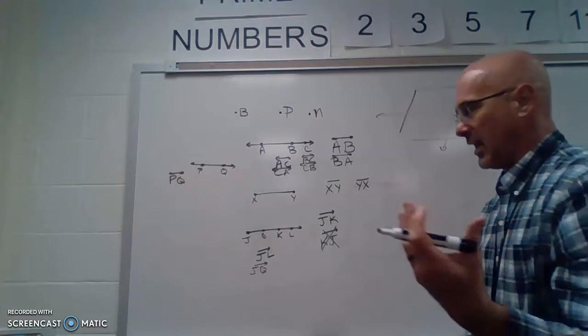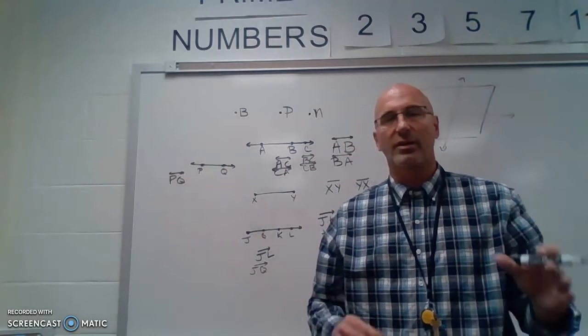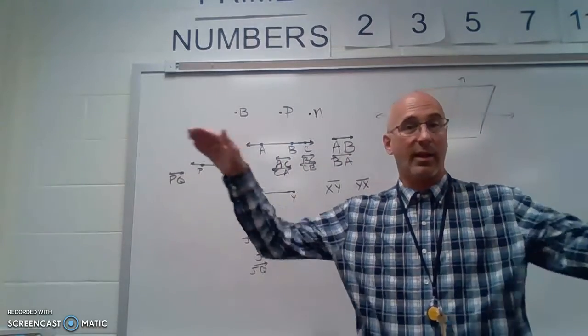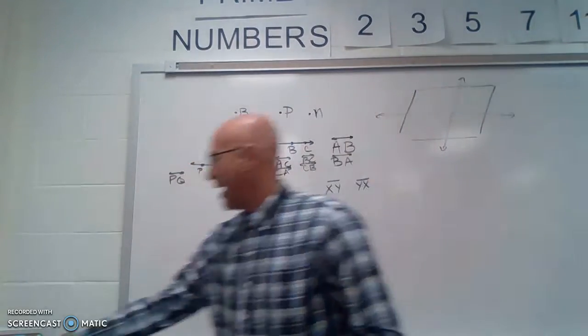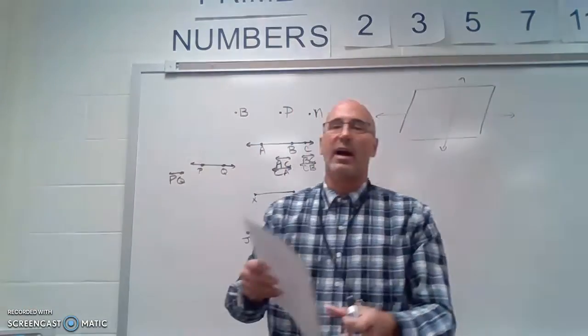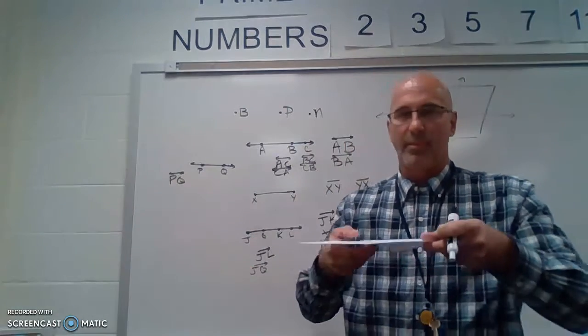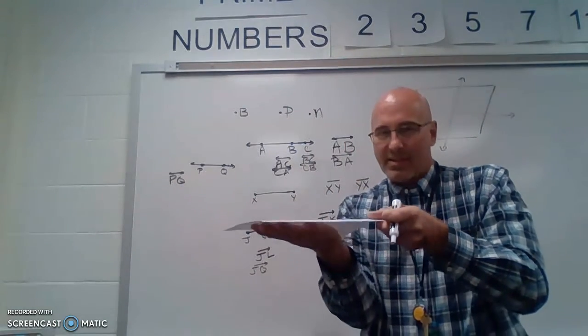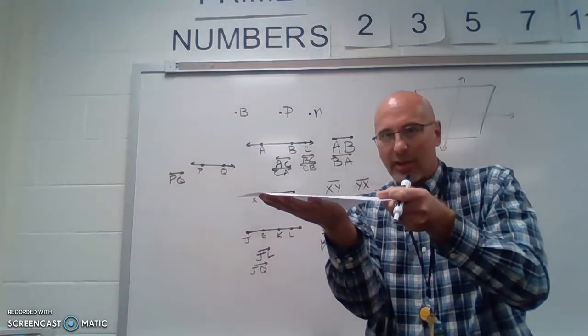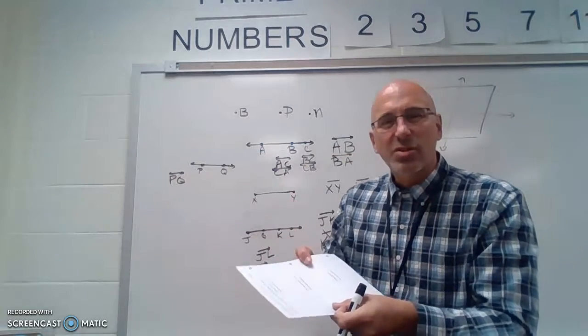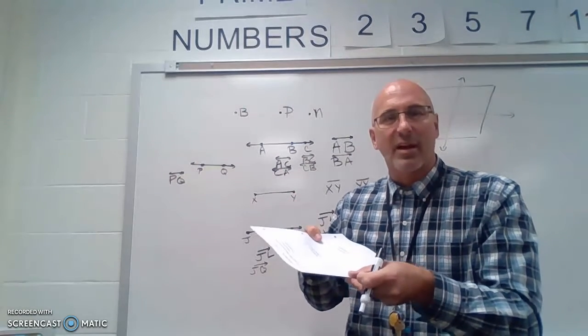And then finally, we have what's called a plane. Not like an airplane, but a plane. A plane is a lot like a piece of paper. Okay? It's flat. It has no thickness. And it's hard to physically understand a plane.